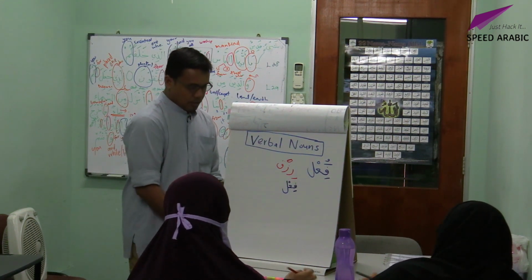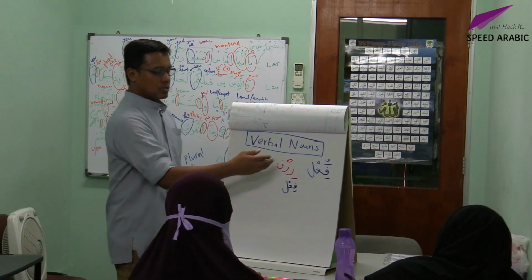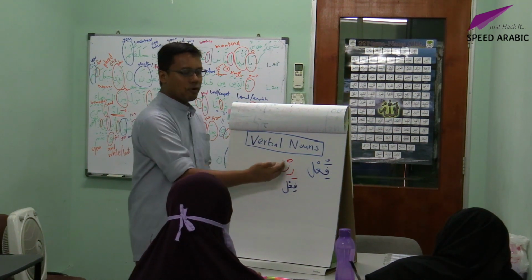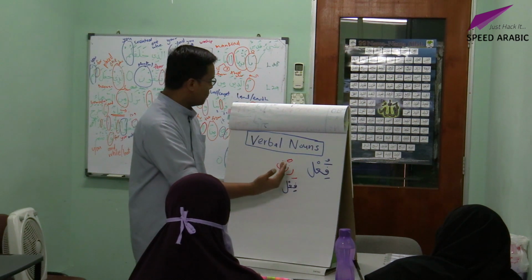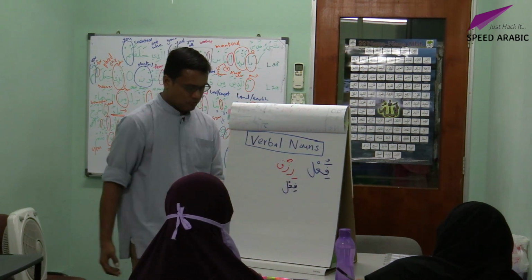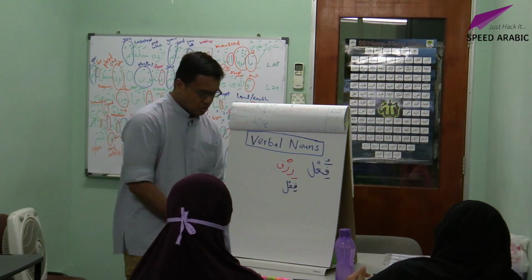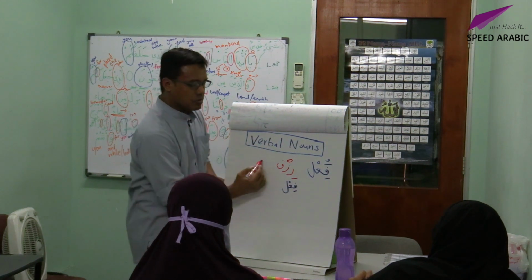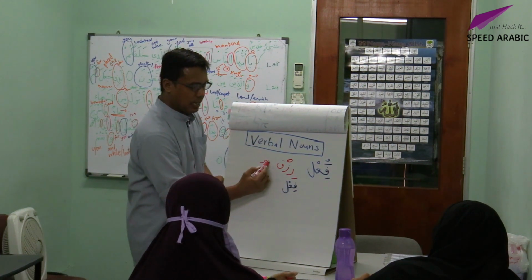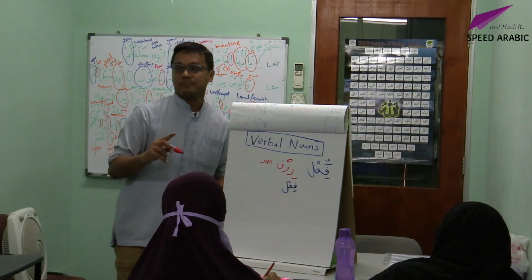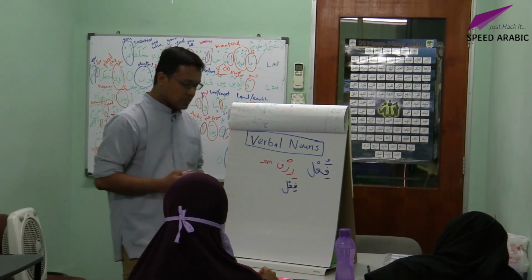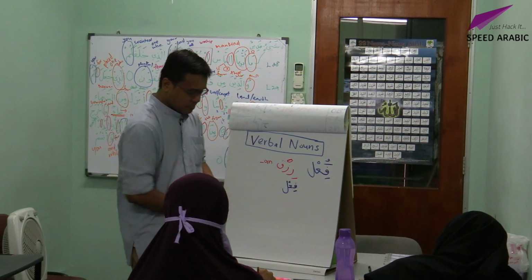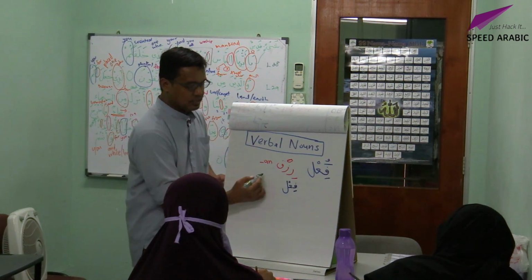Okay. So rizq, because the form is fi'l, we know that it is a verbal noun. A verbal noun would usually have an -an in Malay. So in Malay usually it's -an at the back. In English, sometimes it's -ing, right?